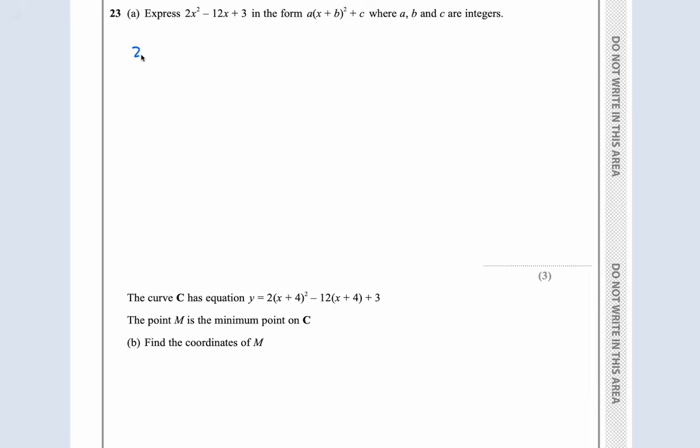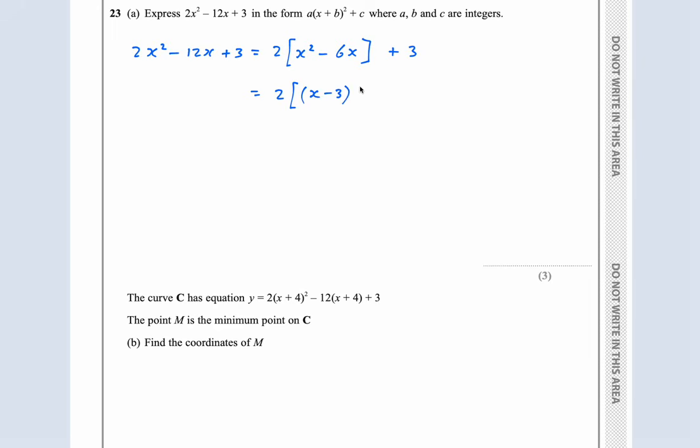So this is 2x squared minus 12x plus 3 equals, take out the 2 and put in a big square bracket. This gives me x squared minus 6x, and I'll just leave the plus 3 outside here. This gives me 2 square brackets, and now here I'm going to do the completing the square trick, where I do x minus 3.